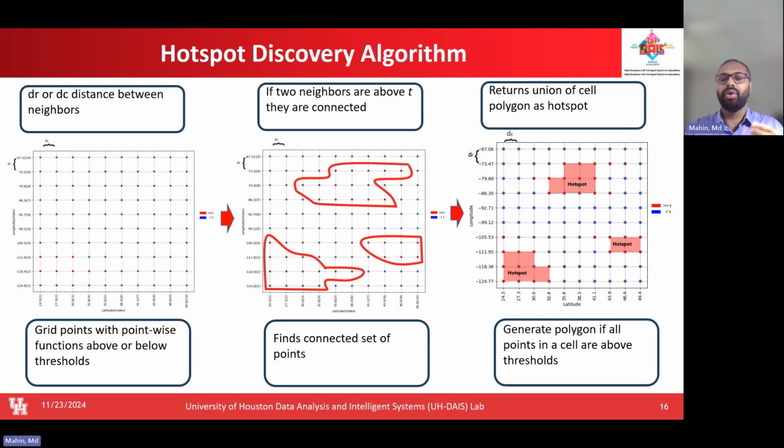It has way lower complexity because we are using sampling to generate hotspots, so we don't have to count or measure density. Also the polygon generation is very simple, just returning the union of the grid points. So it is way simpler to generate and has way less complexity than traditional measures or traditional clustering algorithms.